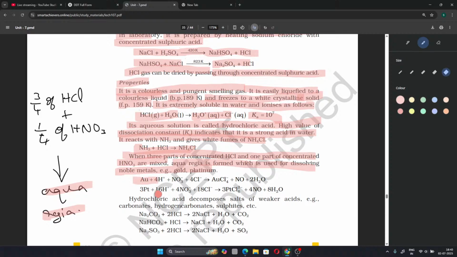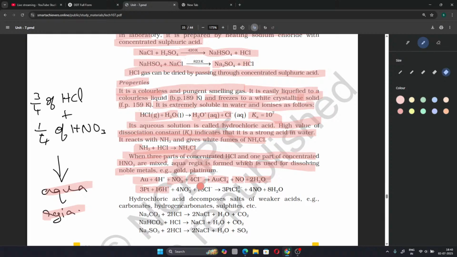Gold plus 4H plus and the nitrate ion plus 4HCl gives AuCl4 minus ion, plus NO and water.